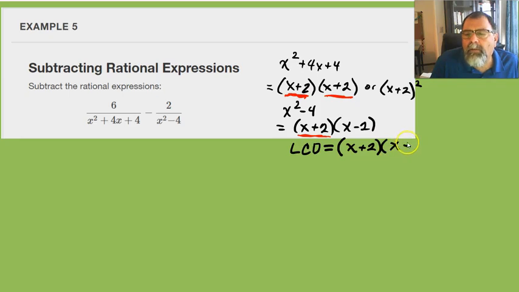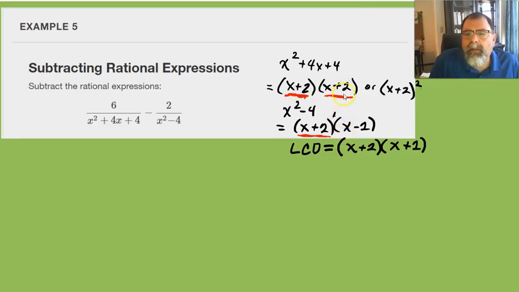Now if I want to do it with exponents, you can think of it as the greatest exponent for that factor. There's 1 here, 2 there, so I would need x plus 2 squared. I like to look at it all factored out personally, though that may be easier to understand for some of you. Anyway, I need every factor that occurs in any of the factorizations, the greatest number of times it occurs in any one of them.